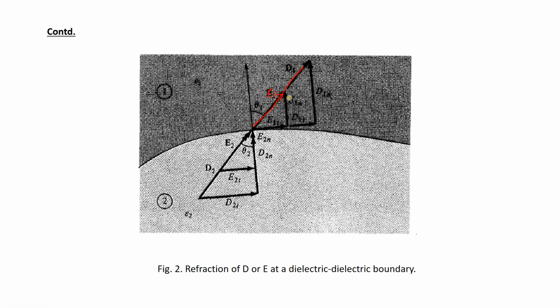This one is D1. This one will be the tangential component of E1, and this one will be the normal component of E1.